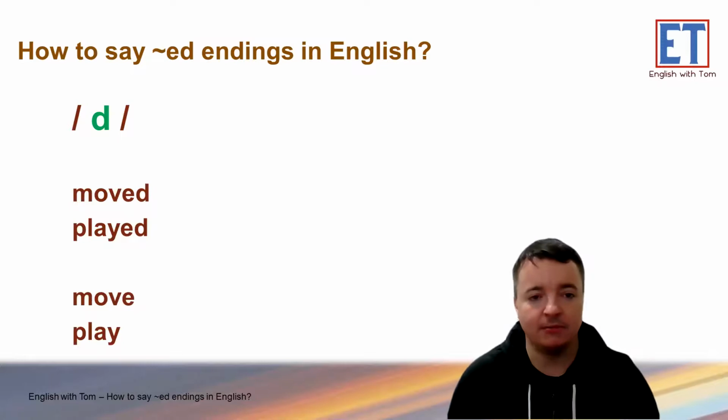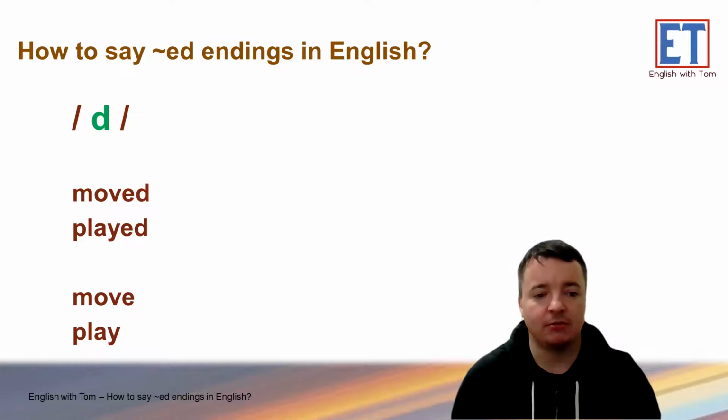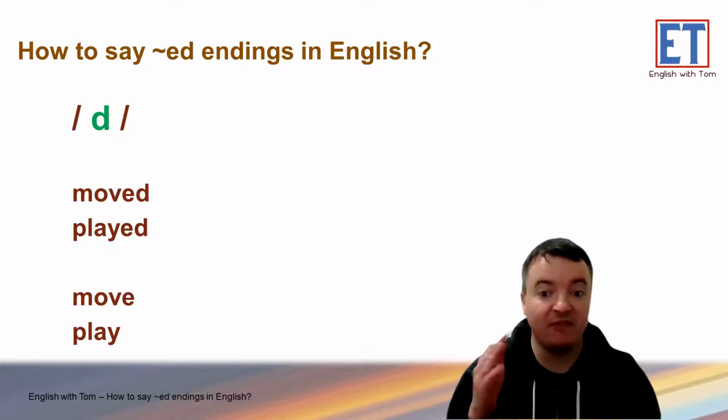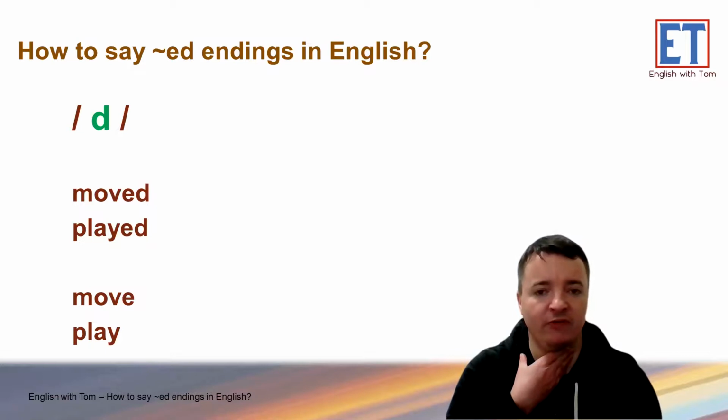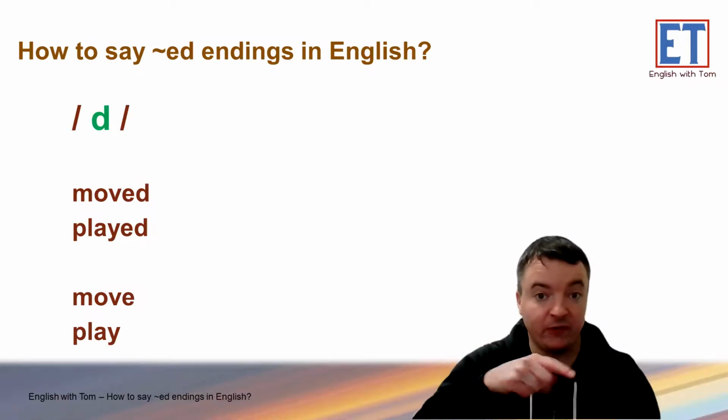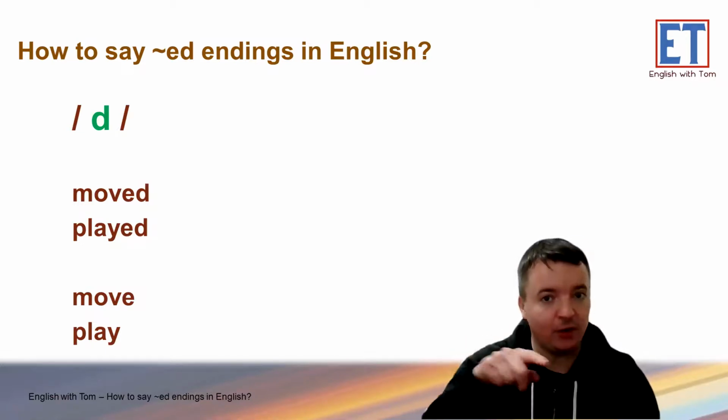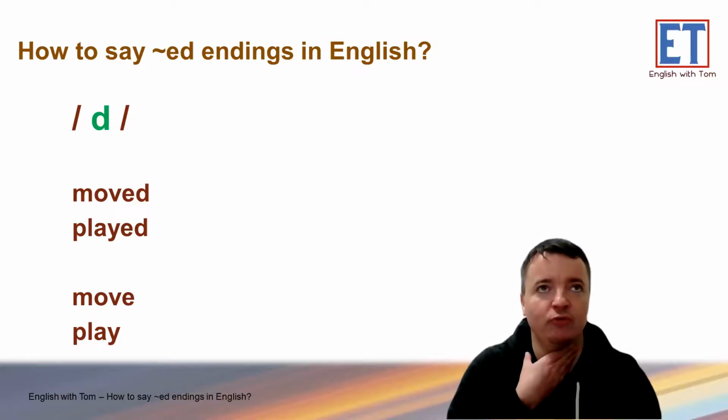Next, d, or the d sound. For example, two examples here: moved, played. So let's think about the same question. What's the final sound before ed? Move. Hold your neck again. Move. It's voiced. You can feel the vibrations.